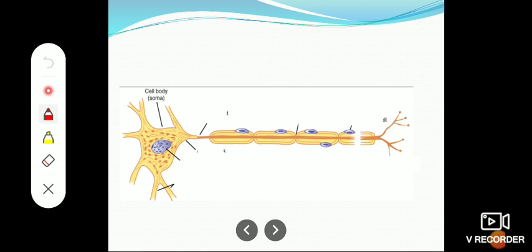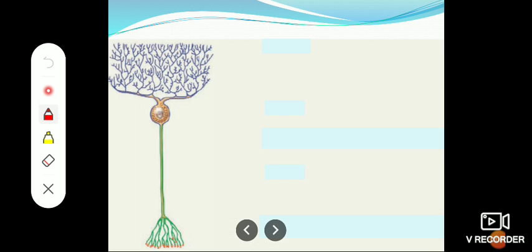Just have an overlook. This is the nerve cell body showing the cell body, dendrites, initial segment of axon and nucleus, nodes of Ranvier, Schwann cell, axon hillock, and these are the terminal buttons where there are synaptic connections and a release of neurotransmitters.